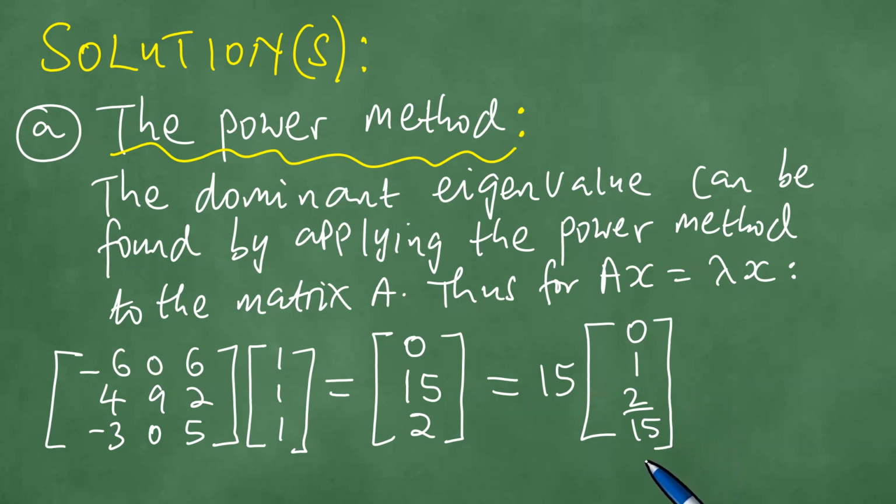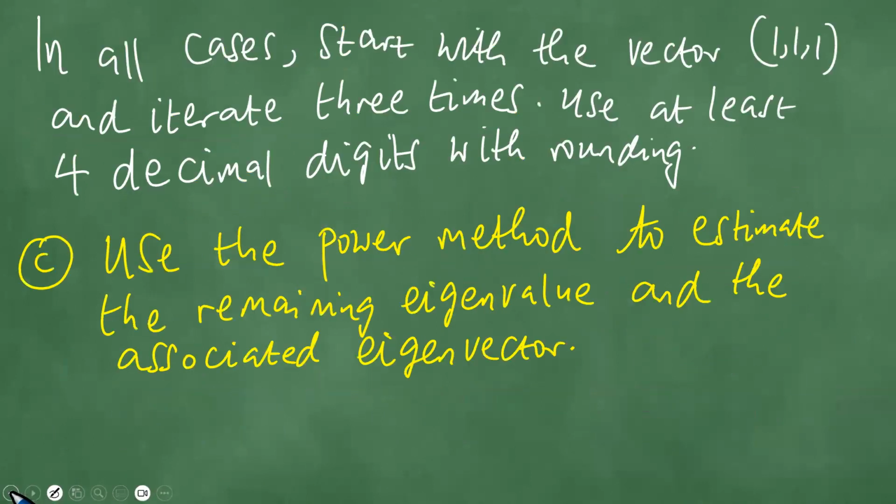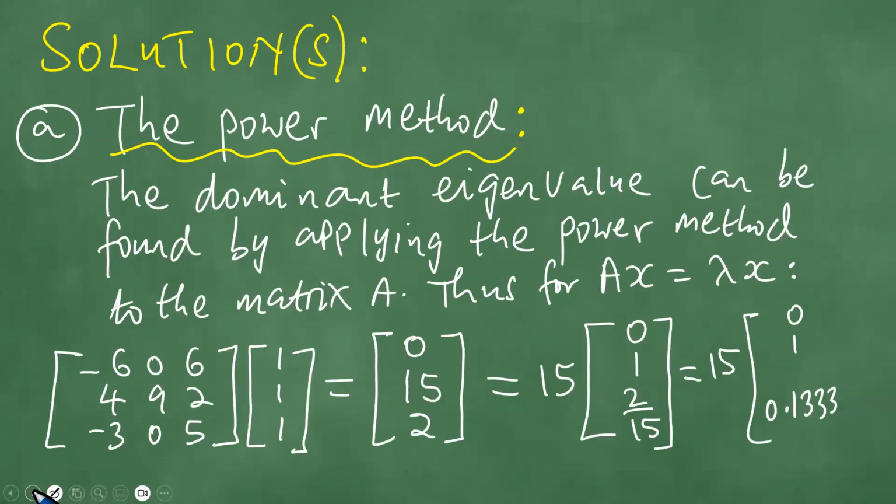It is evident that this is the same as 0, 1, then 2 divided by 15, which is 0.1333. Okay, how many decimal digits? 4. Use at least 4 decimal digits with rounding. So now we have 4 of them here. Yes, 4 of them.